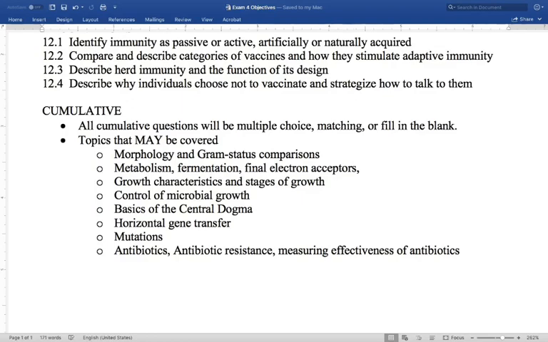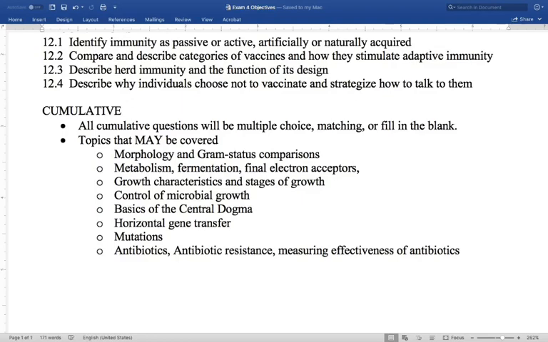I might ask you, if an antibiotic targets gyrase, what process will it inhibit? And you would have the option of translation, transcription, or replication. And of course the answer here would be replication. I might ask you to measure a zone of inhibition. I might ask you to measure the results of a broth dilution assay and determine which antibiotic is more effective.